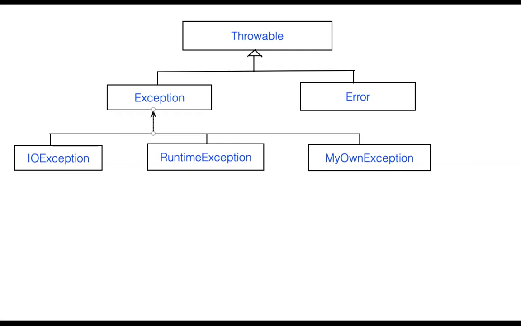Instead of the triangle here, I just use the arrow, so it will be easier and saves my time. Make sure this is the triangle here. So this is the subclass of Exception: IOException, RuntimeException, my own exception. This one you create by yourself, while IOException and RuntimeException are provided by the Java package.